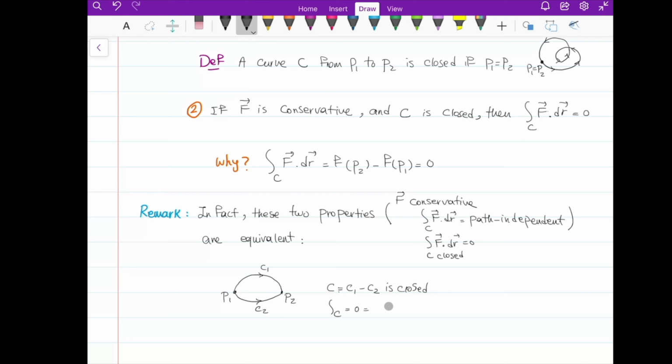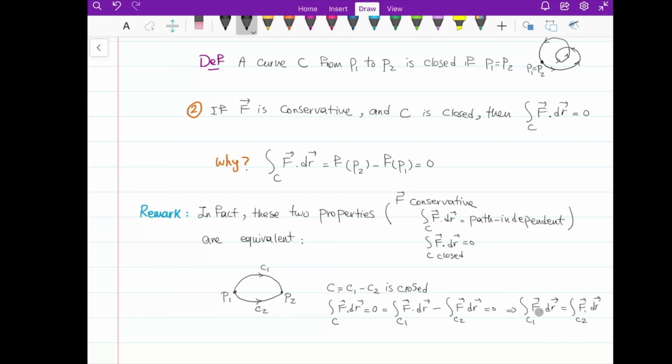C is defined as C1 minus C2, because of the opposite direction. So it is the integral of f dr over C1 minus the integral of f dr over C2. This is equal to 0, which means that the integral of f dr over C1 is equal to the integral of f dr over C2.